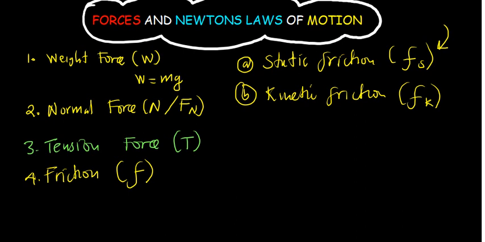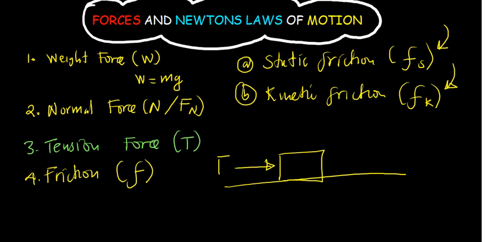I mean, static friction is a friction that prevents something from starting to move. But kinetic friction is a friction that acts on something that is already moving to prevent it from continuing to move. For example, take this box on, let's say, a table. You want to push it in this direction with a certain force.